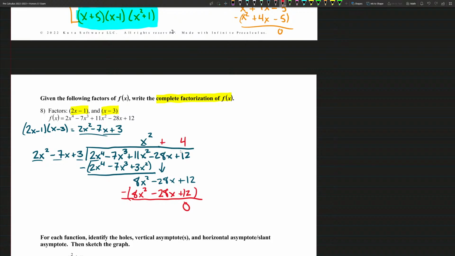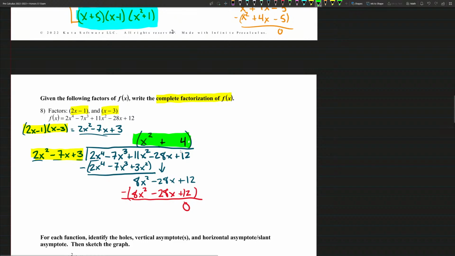That's exactly what we thought was going to happen. Okay, so now we have this new factor. So 2x squared minus 7x plus 3, which is what we got from multiplying those two factors, times this thing is going to give us our original polynomial.